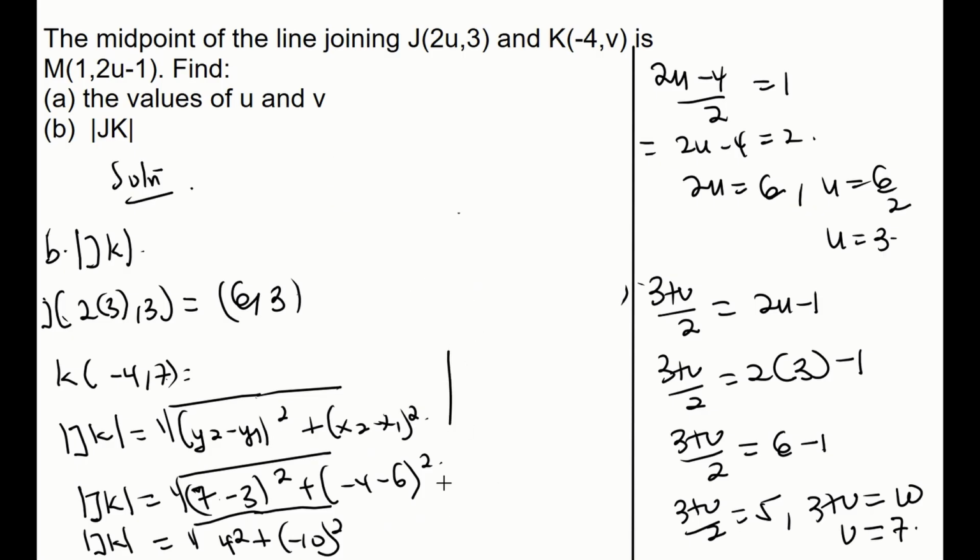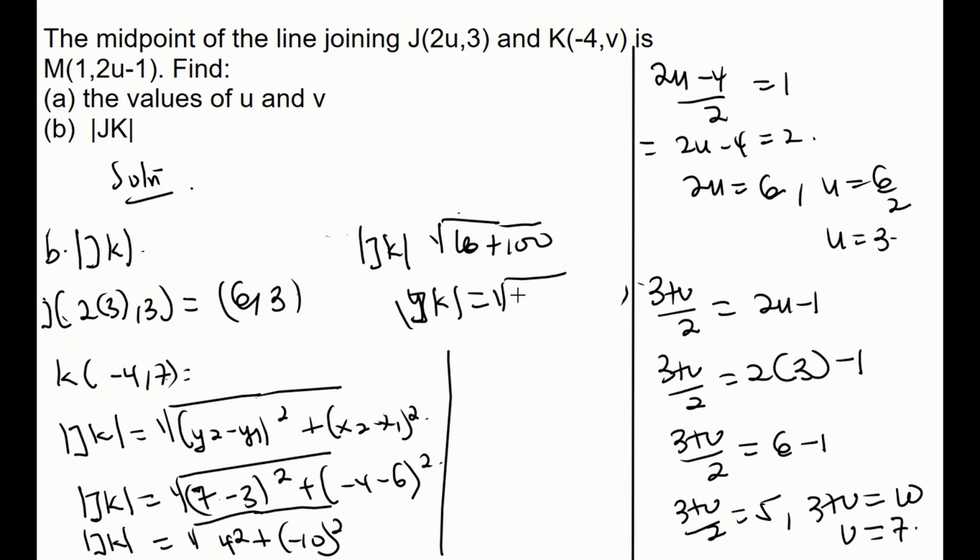And that is going to give us the square root of 16 plus 100. So the magnitude of JK is going to give us the square root of 116.